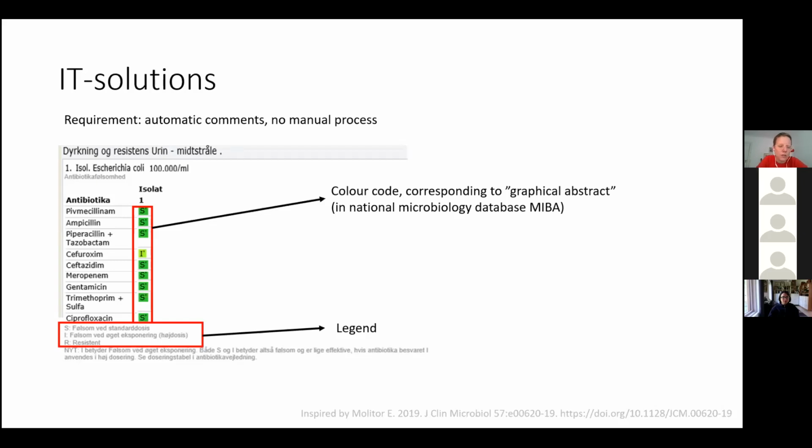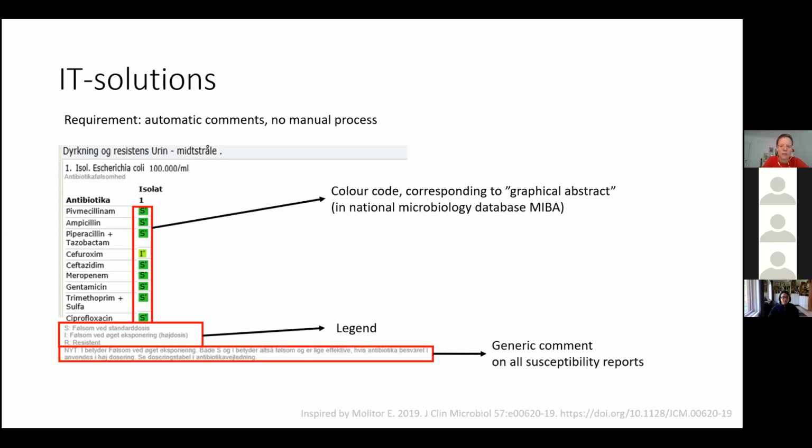Then on our report also, the clinician will find the legend, which explains what S, I, and R mean, and a general comment, which is shown on all susceptibility reports, and that reads that the I now means susceptible, increased exposure, and both S and I mean susceptible and are both equally effective if antibiotics reported I are used at a high dosage, and then a reference to the dosage table in the regional antibiotic guideline.